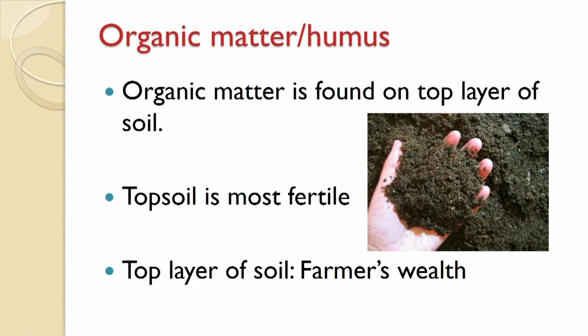When this decomposition of leaves or twigs occurs, the nutrients present in them are released into the soil. So most of the nutrients are present in the topsoil, and that's why the topsoil is more fertile.